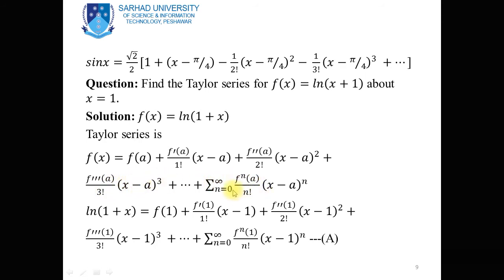This is the nth derivative, plus sigma n is equal to 0 up to infinity of the nth derivative of the function at x is equal to a divided by n factorial into x minus a whole power n.